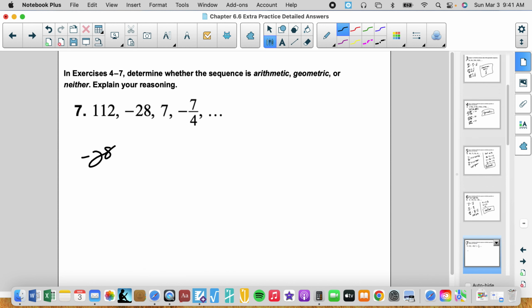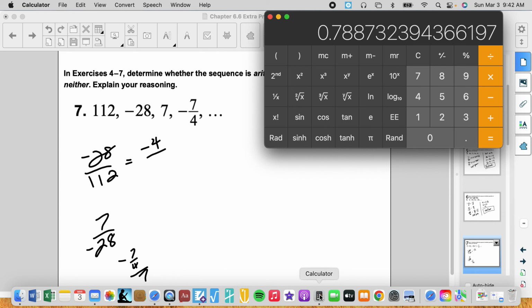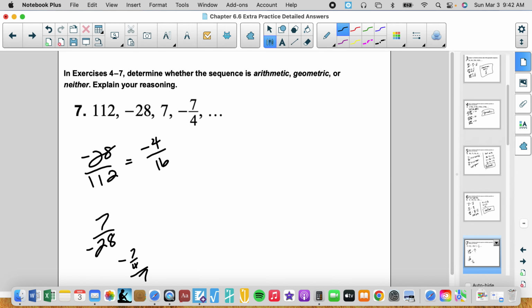Negative 28 over 112, 7 over negative 28, negative 7 fourths over 7. 7 goes into 28, 4 times, so that's negative 1/4.